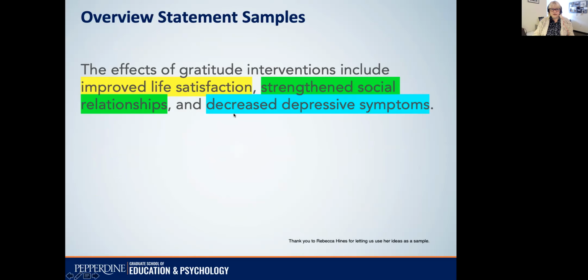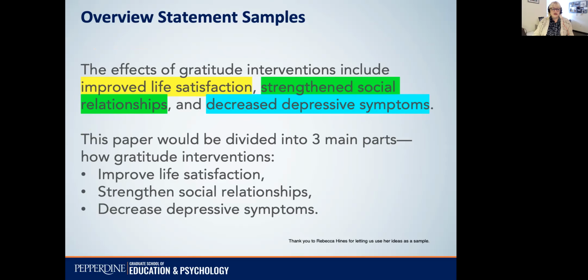So with the gratitude intervention example, it might be something like this. The effects of gratitude interventions include improved life satisfaction, strengthened social relationships, and decreased depressive symptoms. So then I would expect the three big sections of the paper to follow this pattern: improve life satisfaction, strengthen social relationships, decrease depressive symptoms.